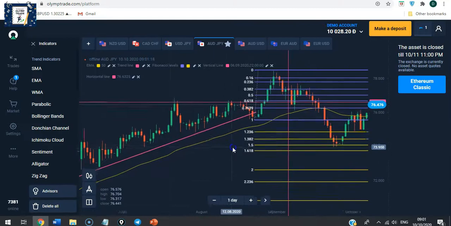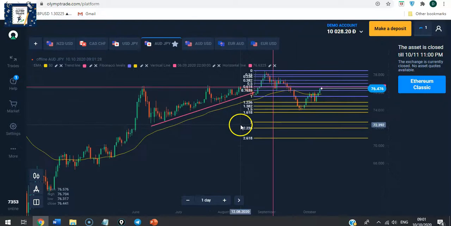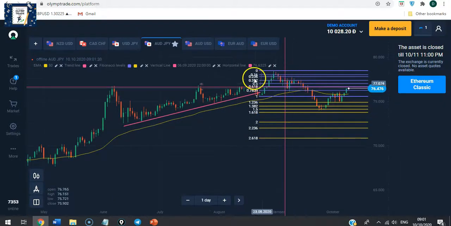So what's happening here? The market obviously failed. So it seems like all the confluences were there, all the reasons to take a trade were there. But it did not happen. So why don't we go up a time frame and see what's actually happening.